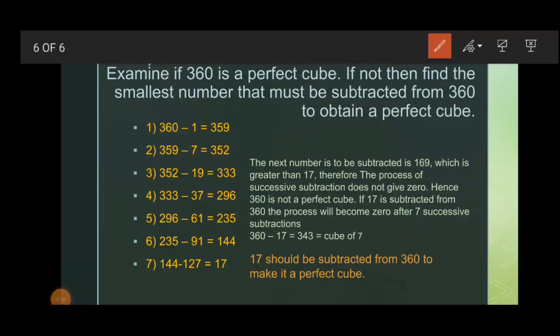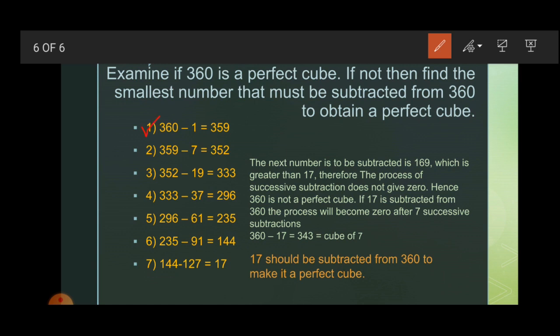Next question. Examine if 360 is a perfect cube. If not, find the smallest number that must be subtracted from 360 to obtain a perfect cube. To check whether 360 is a perfect cube or not, apply the successive subtraction method.